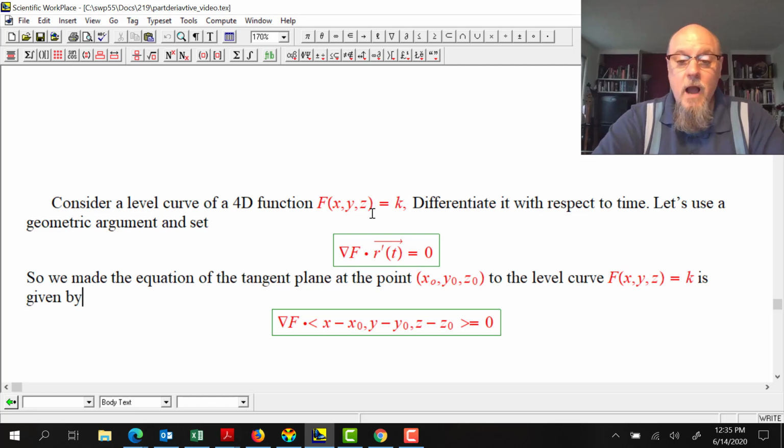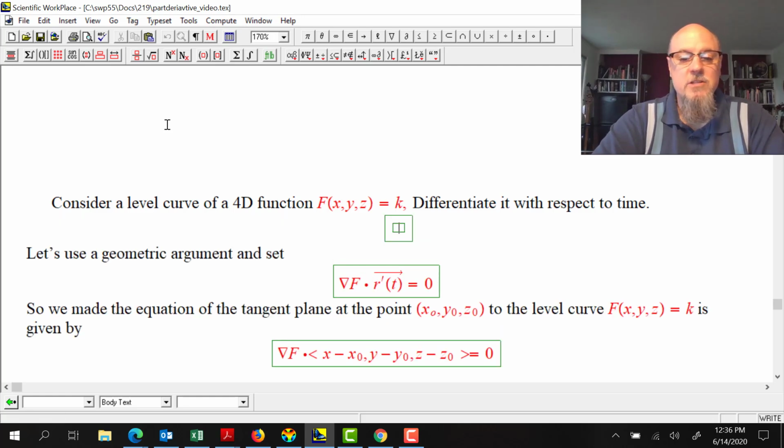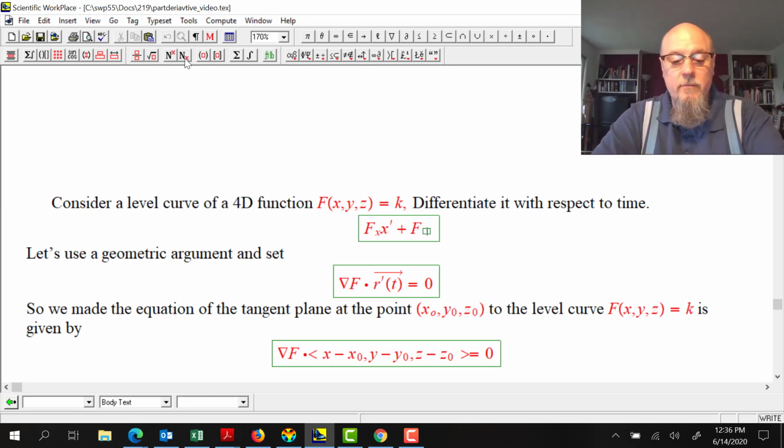Then I would get the gradient. So let's differentiate with respect to time. Same setup though, right? The same idea as our derivation of the gradient. You would get, by the chain rule, f differentiated with respect to x, times the derivative of x with respect to some parameter, time we always think, plus the derivative with respect to y times y prime.